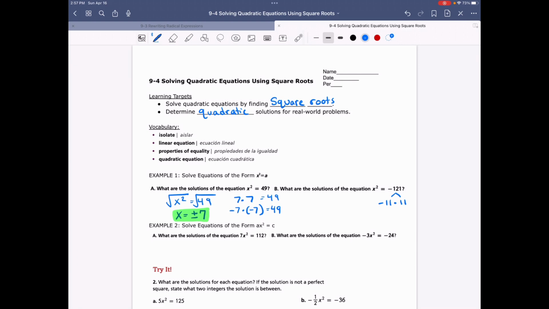Negative 11 times negative 11 is positive 121. 11 times 11 is positive 121. So if we're asked to take the square root of a negative number, there are no real solutions. They're imaginary, which we'll learn about hopefully soon.